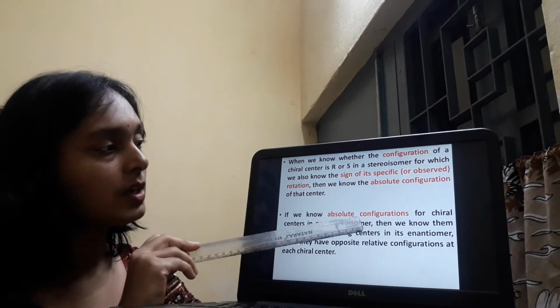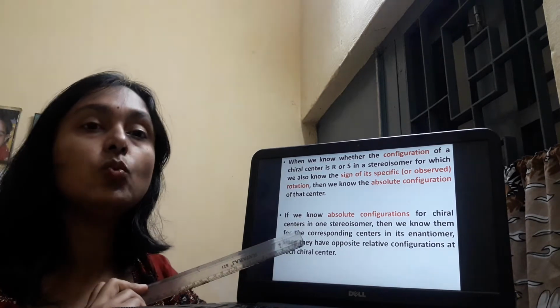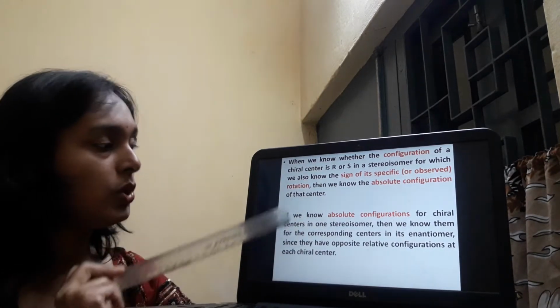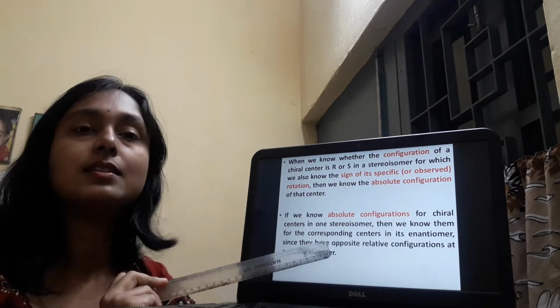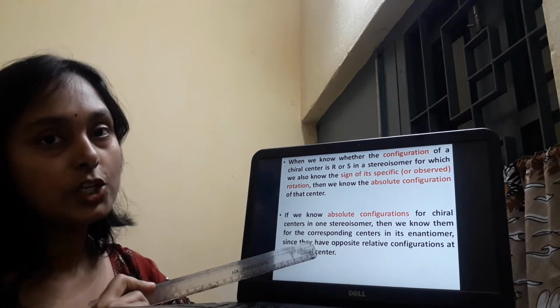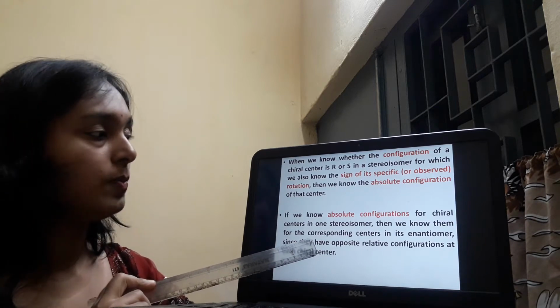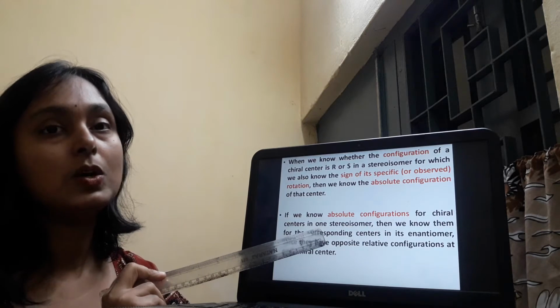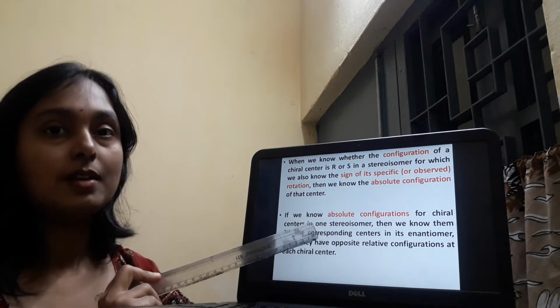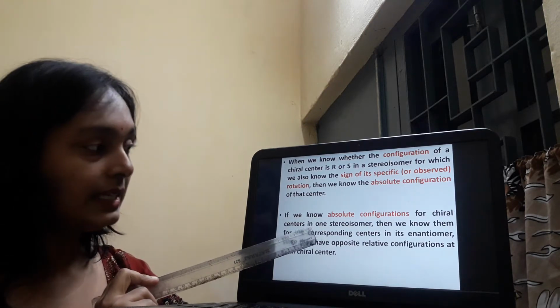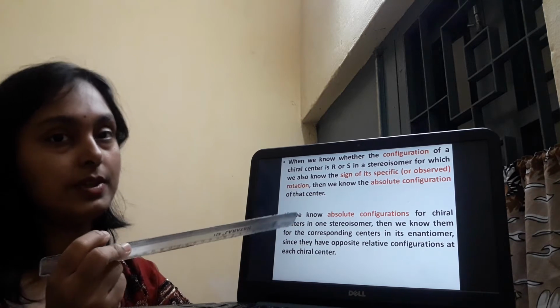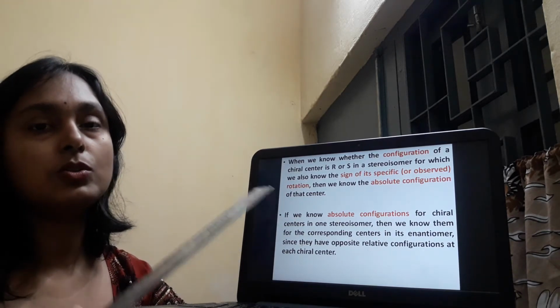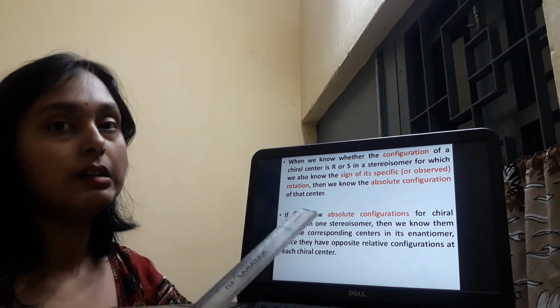If we know the absolute configuration for a chiral center in one stereoisomer, then we know it for the corresponding center in its other enantiomer. So if one enantiomer has a known absolute configuration, then for the other one, because they are opposite mirror images, we can determine the absolute configuration of the other enantiomer.